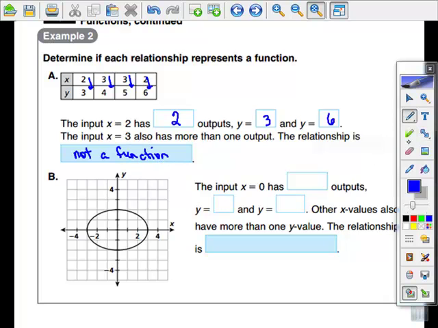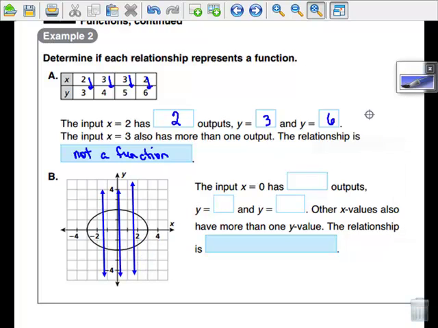On this next one, I could do the vertical line test, for example. If I do the vertical line test, almost everywhere it's going to fail. Right here it fails, here it fails, here it fails. The only two places it's not going to fail are on the ends, but if it fails anywhere, then it's not a function. So I'll put that down here, and then we'll fill in the other wording.